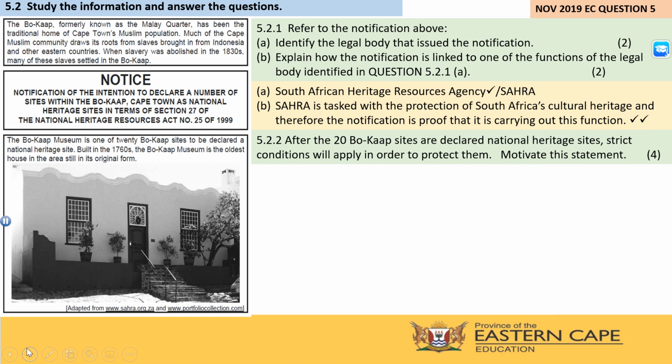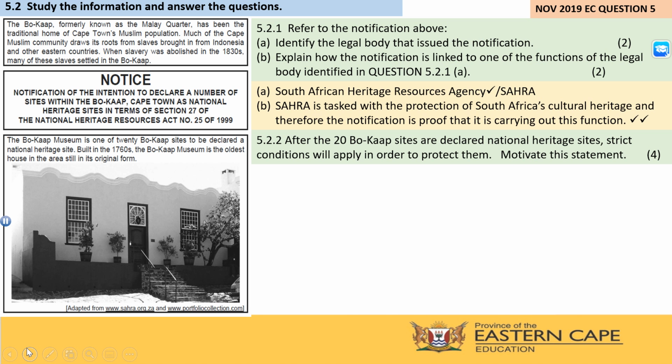The next question on your screen at the moment: after the 20 Bo-Kaap sites are declared National Heritage Sites, strict conditions will apply in order to protect them. Motivate this statement.